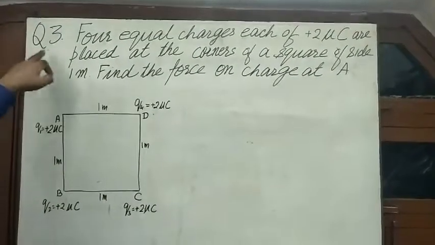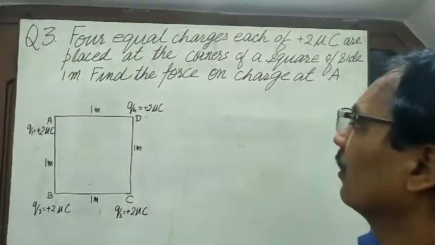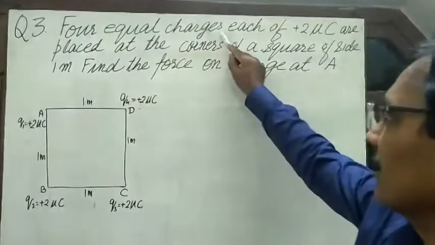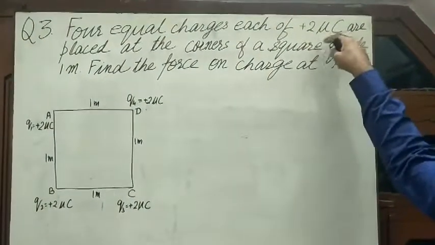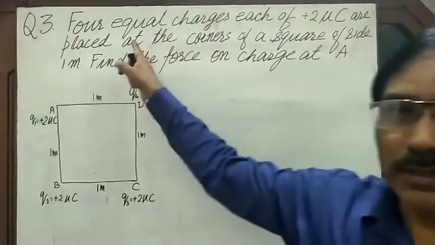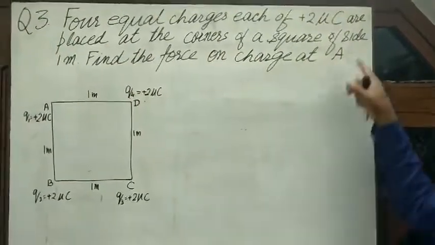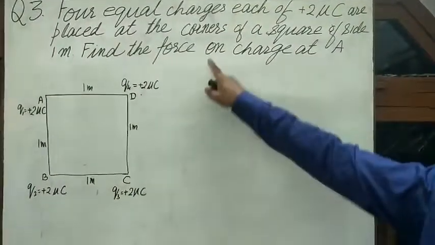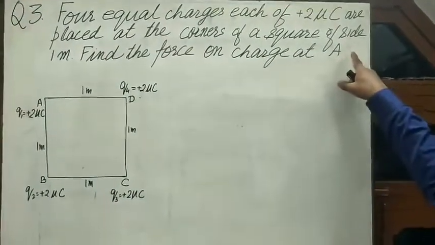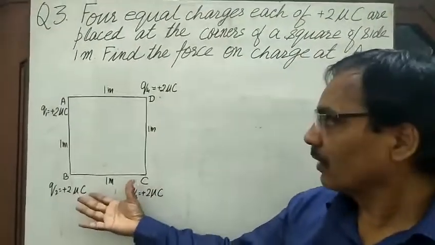Third question. Note down. Four equal charges, each of 2 microcoulomb, are placed at the corners of a square of side 1 meter. Find the force on the charge at A. Here it is given in the diagram.